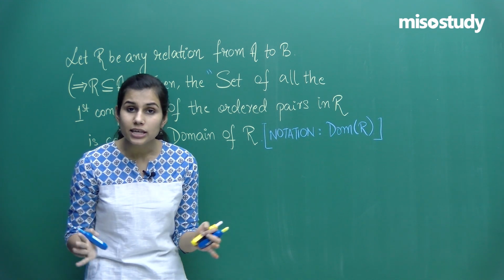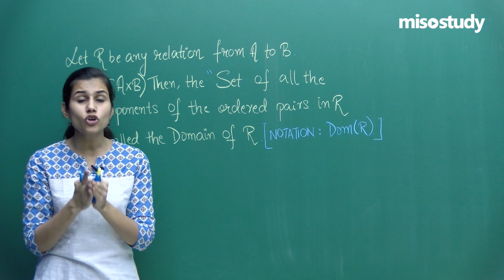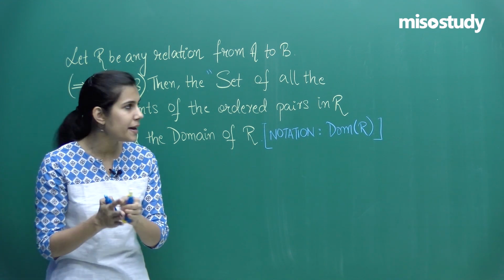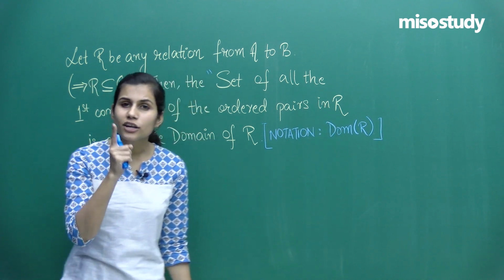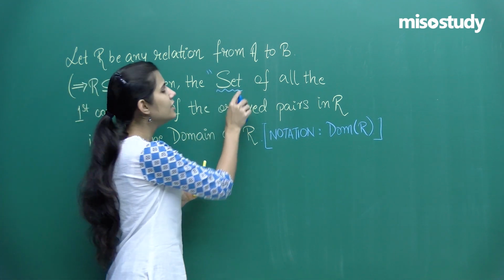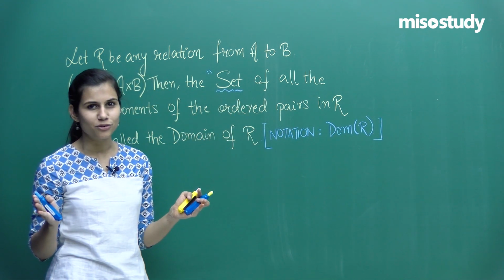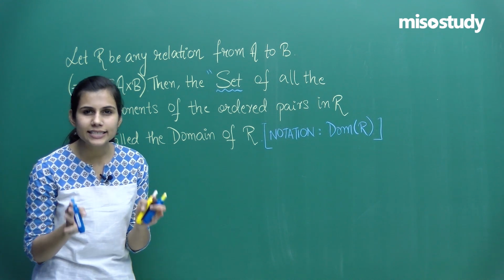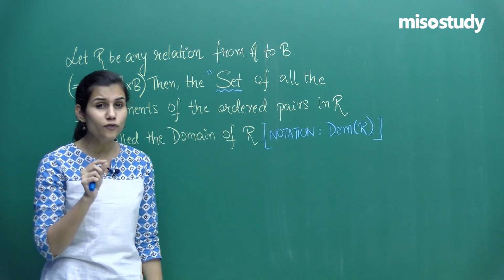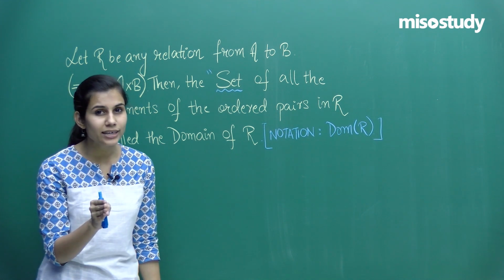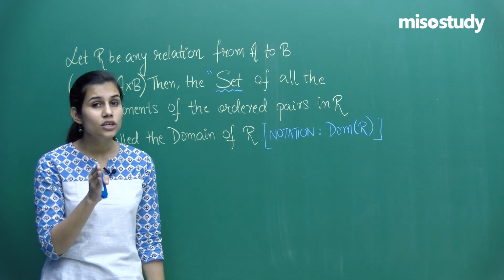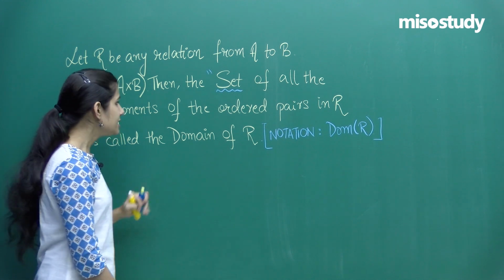But it is obvious that you have to pick up distinct first components only. If a first component is being repeated in two ordered pairs sitting in the set R, you cannot take it twice because inside a set, repetition, my friends, is not allowed. That is why the word distinct is hidden in the word set. The moment I have written set of all first components, you have to understand that you cannot repeatedly take the same first component twice.